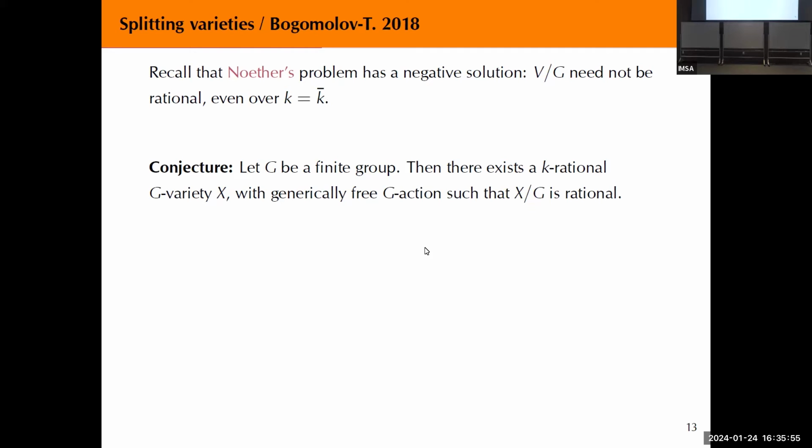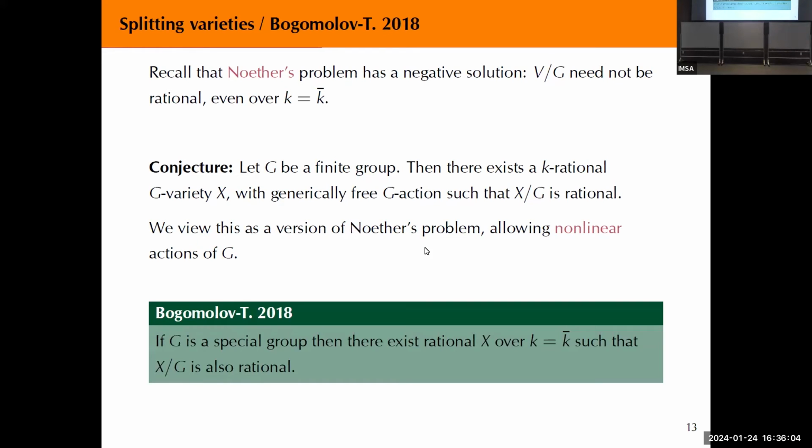Now, what's the evidence? Well, this is the work on this problem, and the evidence is the theorem that if you have these special groups, and as I said, the special groups capture all unramified cohomology classes, and so you can look at these special groups, X mod G. In particular, there are plenty of examples where X mod G is not rational, but it belongs to the Brauer group and so on.